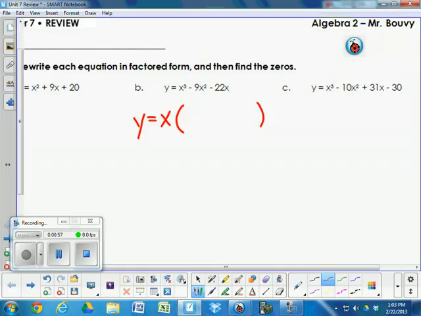All right? So if you had a set of parentheses with an x out front, that x cubed would have been an x squared. And that negative 9x squared would have been just a negative 9x. And the 22x wouldn't have an x with it. It would just be minus 22.